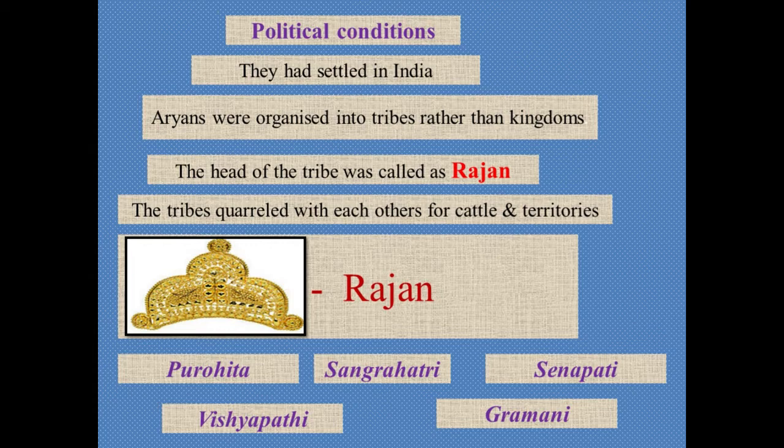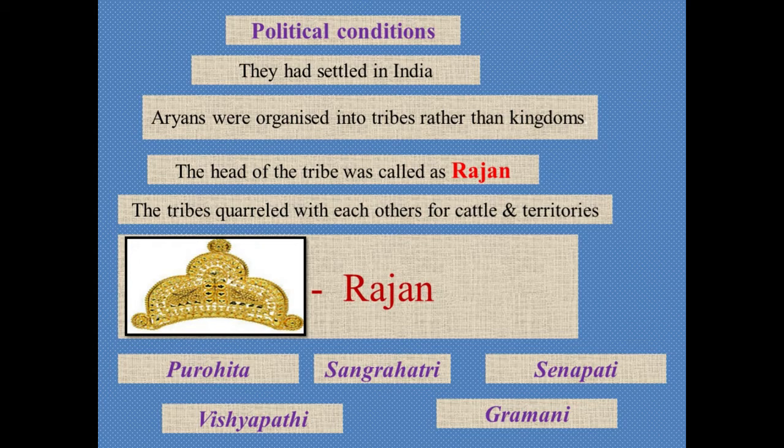But gradually, these tribes started having a head or leader who was known as Rajan. His major duty was to protect the cattle, his people and also his territories. That was his major role in the society or group.